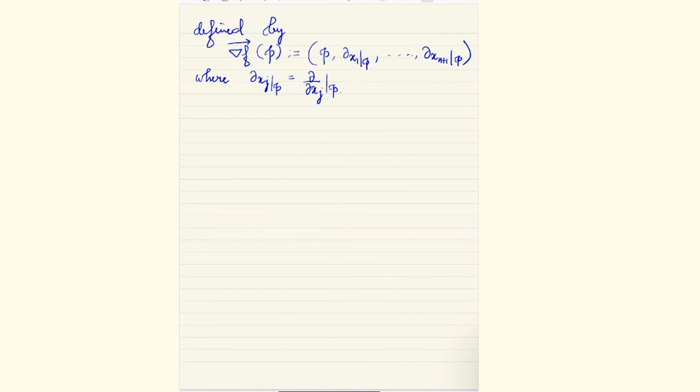You want to say what its action on a function is? It's just the derivative of the function with respect to the jth coordinate at the point P.